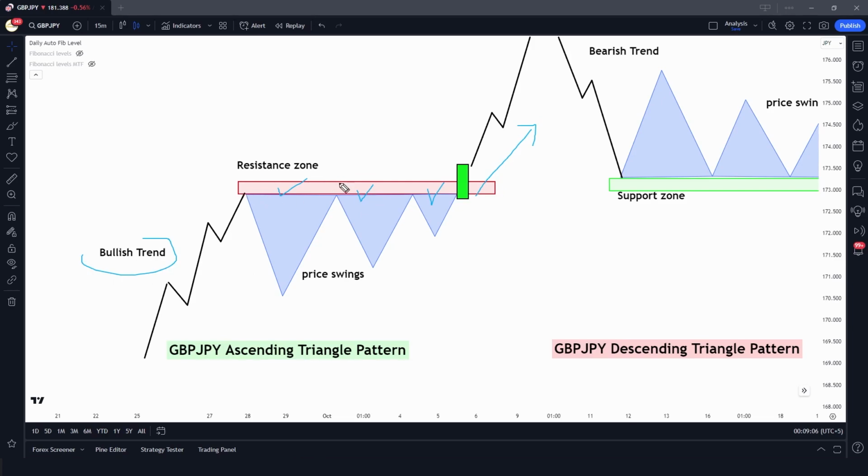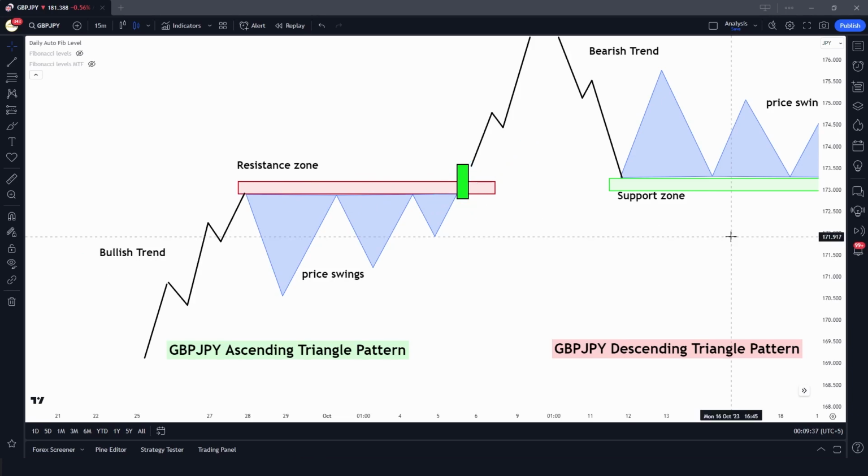So this is the psychology behind trading the ascending triangle pattern: the prior trend is bullish, and at a resistance zone, after testing the resistance zone multiple times, if there is a breakout with a big bullish candle, then this is a good indication that the trend is ready to again move in the bullish direction, because the momentum that sellers found at this resistance zone has been overcome by the breakout from this resistance zone.